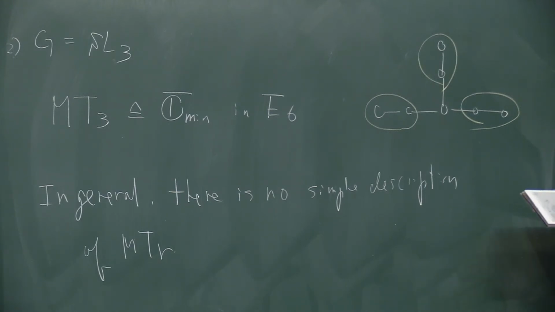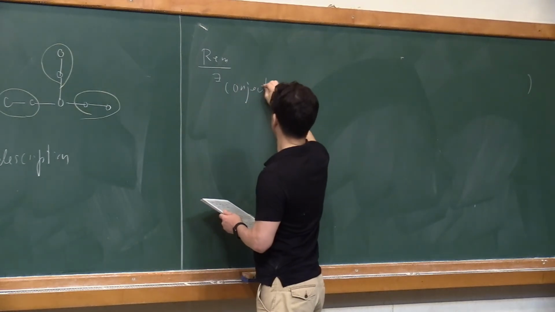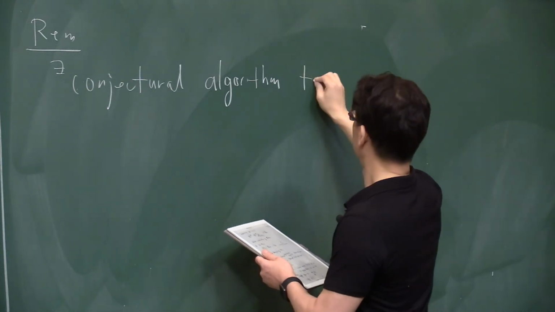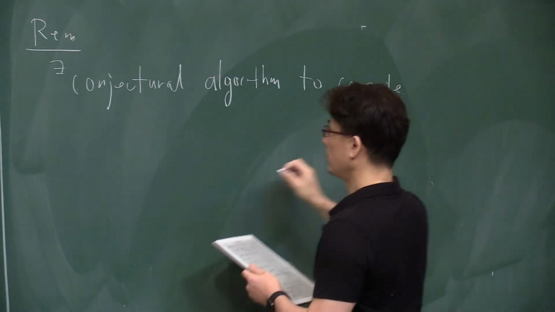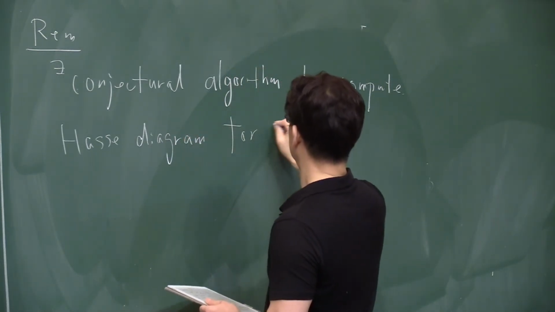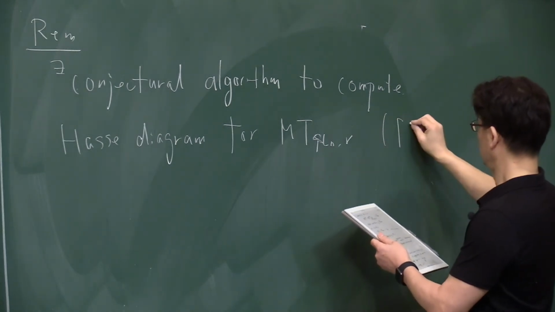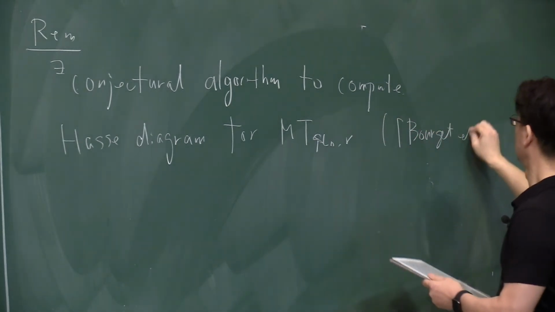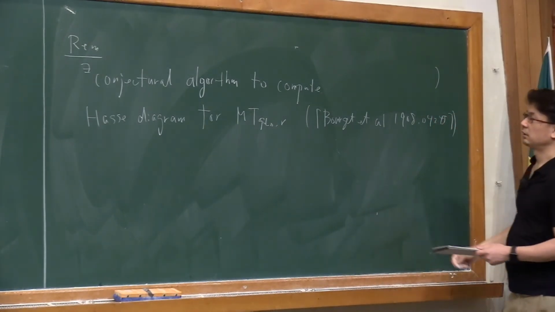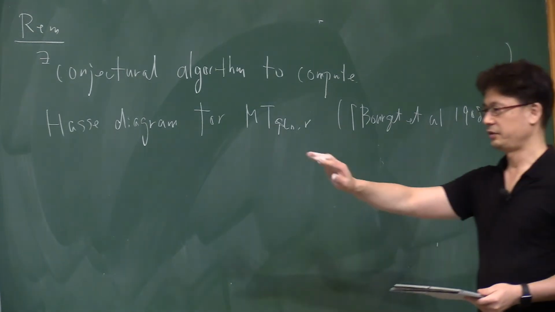Although there's no simple description as varieties, there is a conjectural algorithm to compute the Hasse diagram for MTR for SL type A by Jethro. And if you look at the conjectural Hasse diagram, you find that it's a completely, totally new series of symplectic varieties. So this is really something very new.